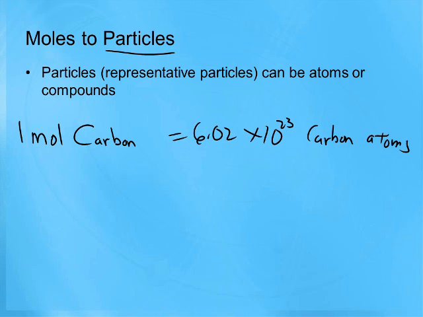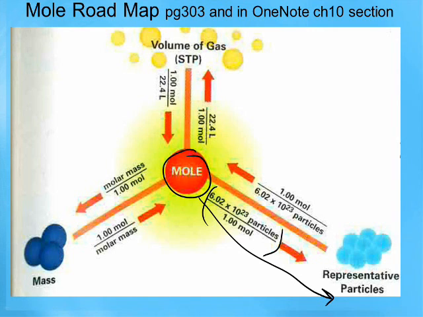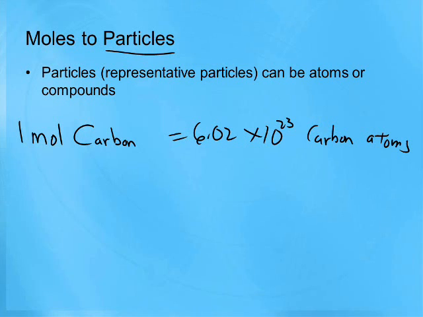But if we can't just figure that in our head, we can just multiply using that roadmap. We're going from mole to representative particles, atoms, etc. So we're going to multiply by this. We're going to just use dimensional analysis.